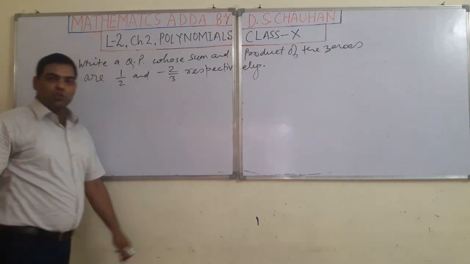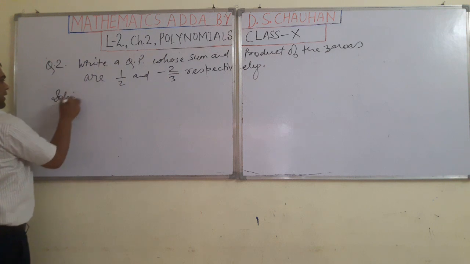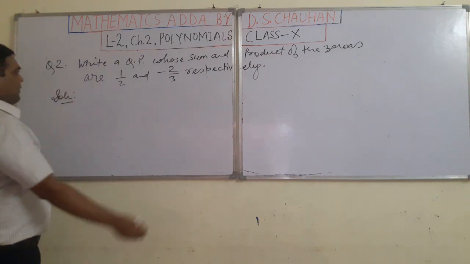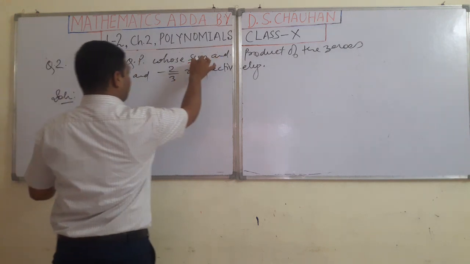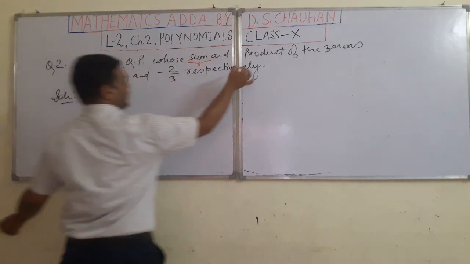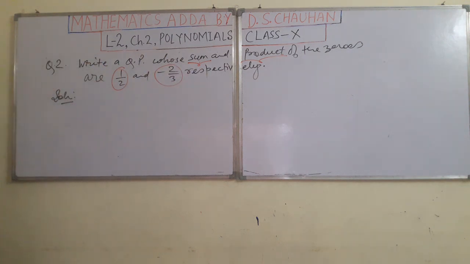See students, how to do? No need to worry. Look at the solution. Here it has been given that the sum, the first thing here, respectively. So this is the sum and this one is the product. Both are given, very easily we can solve it.